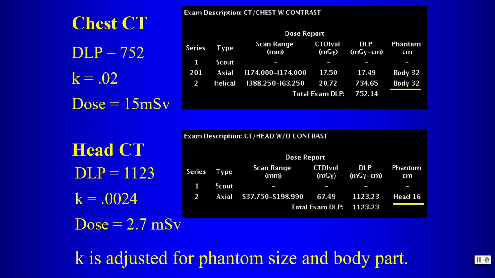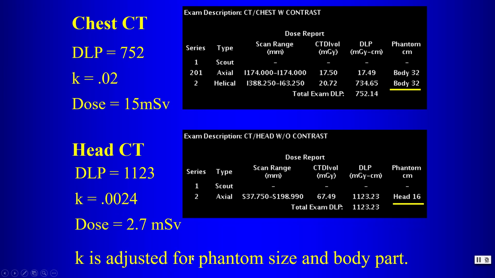But when we go to estimate the doses, the K factors take that into account. Remember, we multiply the DLP times the K factor, and the K factor for head CT is much, much smaller than the K factor for a chest CT. And when we go through the calculation, we see that our estimated dose from this chest CT is about 15 millisieverts, whereas the estimated dose here for the head CT is only 2.7 millisieverts.